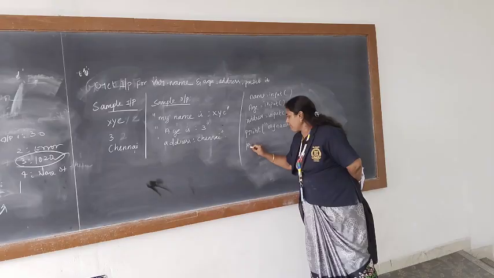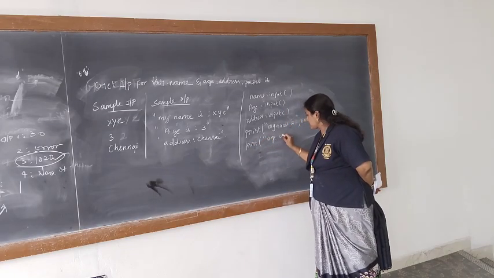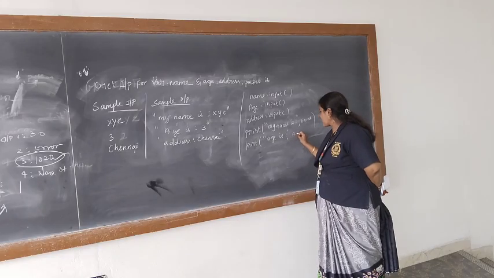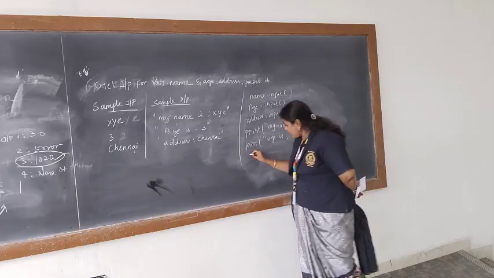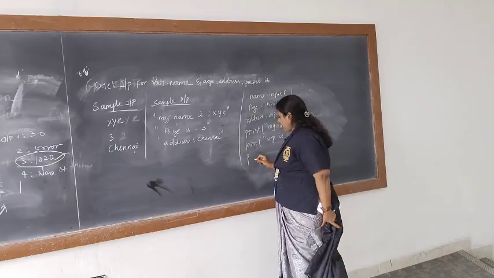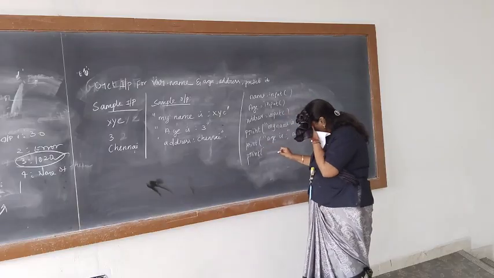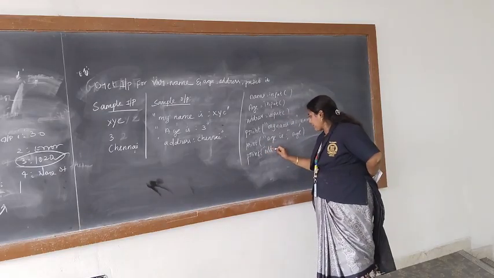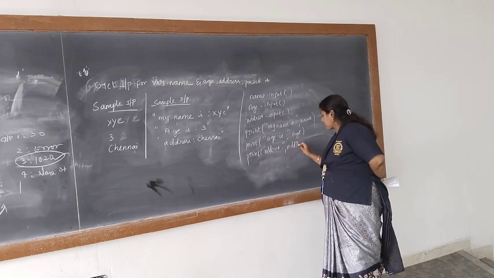And then print of age is, comma, you have to call as age. And then third one is address. So print, call the address.